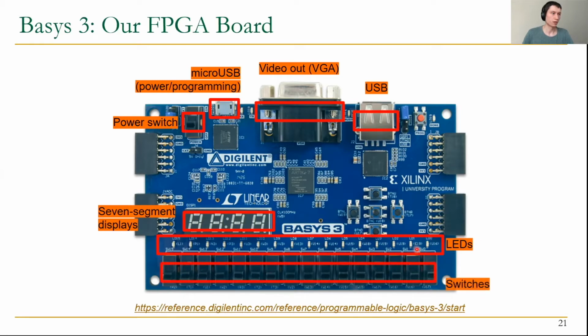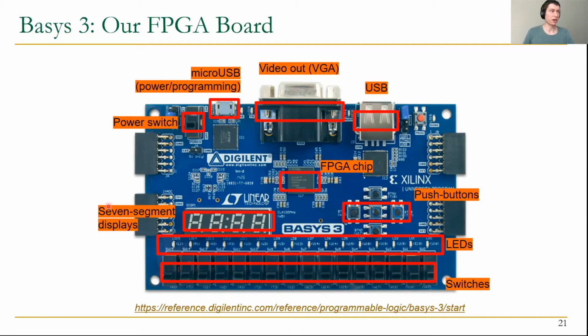We use switches to input some data to the FPGA, and similarly, we also use push buttons as input. Okay, and finally, this thing in the middle is the FPGA chip, and in the following slides, I will talk about what is inside the FPGA chips and how we program them.